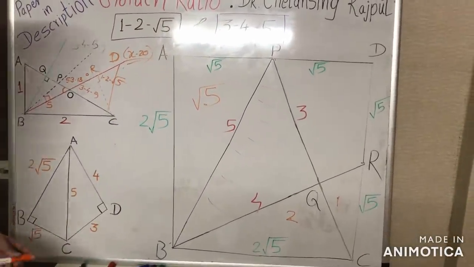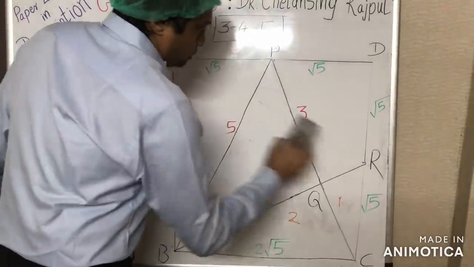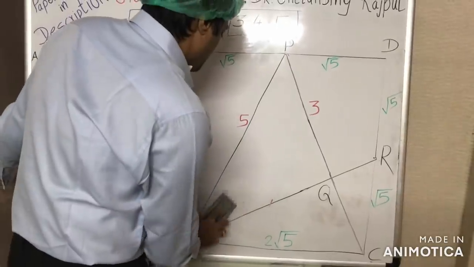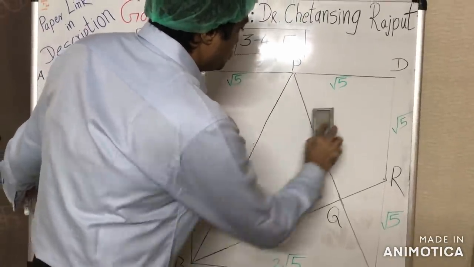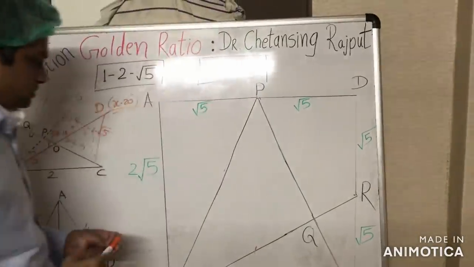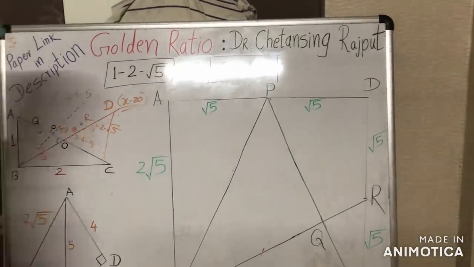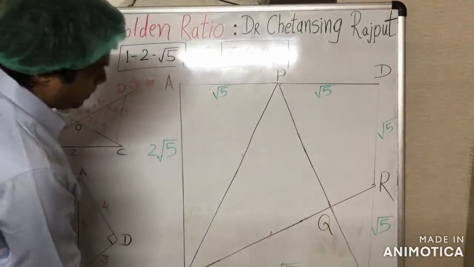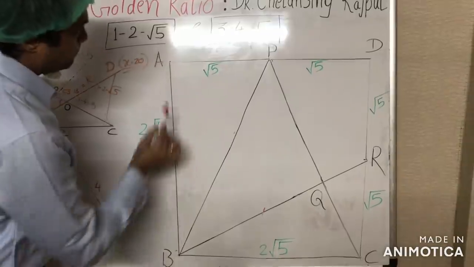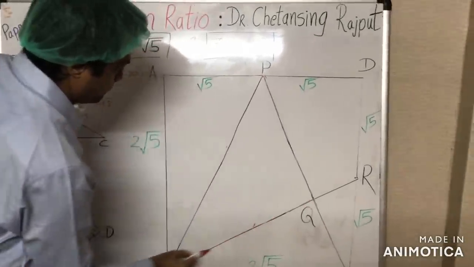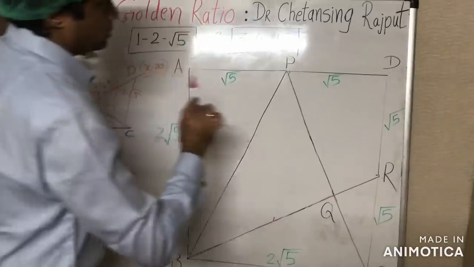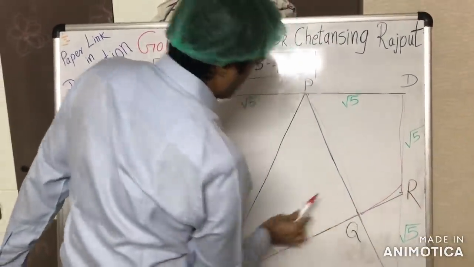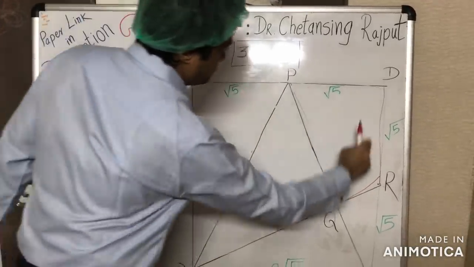Another interesting thing: you can notice, beside this 1, 2, root 5 triple and multiple 1, 2, root 5 triangles, 2 irregular quadrilaterals are formed in this figure. Irregular quadrilateral ABQP, this quadrilateral here, and another quadrilateral PDRQ, this part and this part.